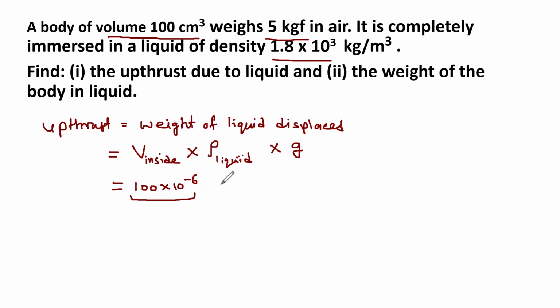The density of liquid is 1.8 into 10 raised to 3 kg per meter cube, and g we can write as g, because we can give our final answer in kgf, since they have given the weight in air in kgf. So the upthrust also we will write in kgf, and the final answer for the second part, the weight of the body in liquid, we can also write in kgf.